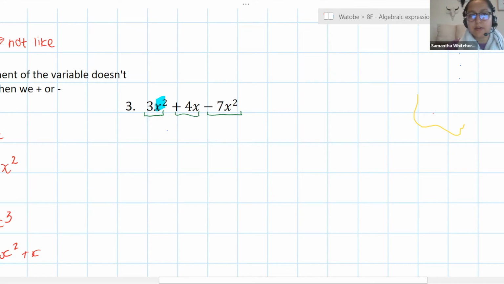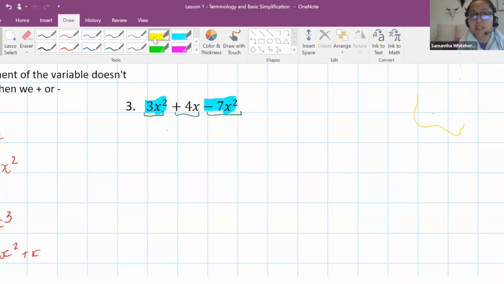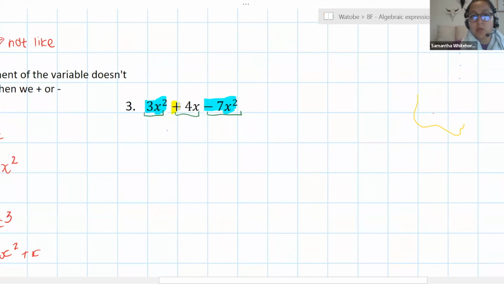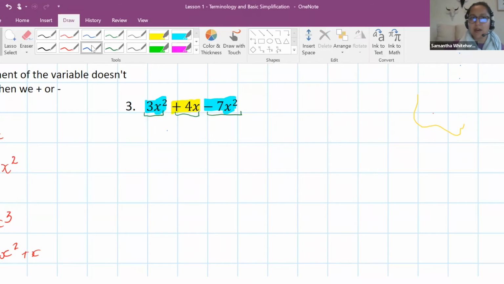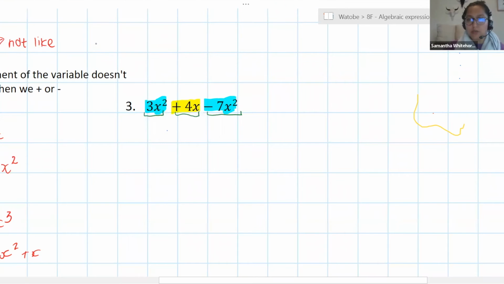So we can see we've got x squareds, which means that the minus 7x squared and the 3x squared are like terms, but the plus 4x isn't a like term because that exponent is different. That exponent is 1. So we can only actually add together the x squared terms.